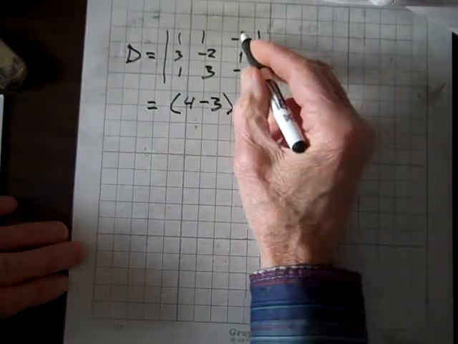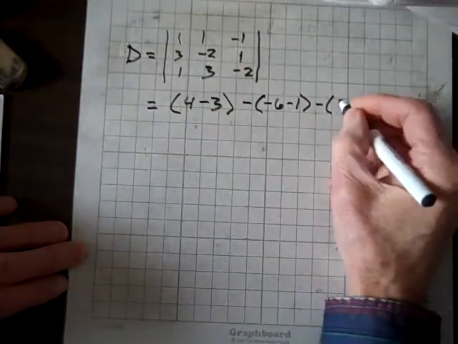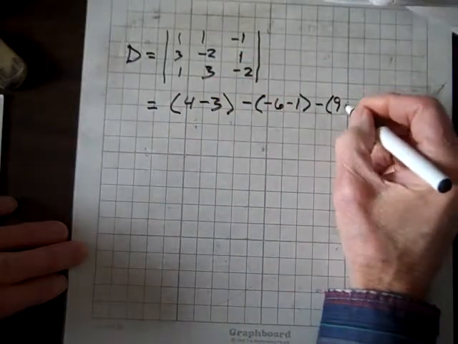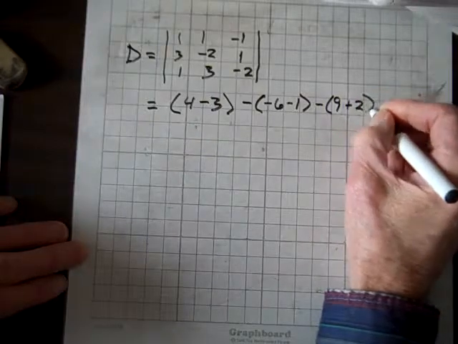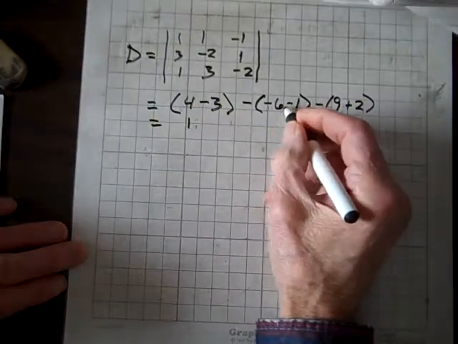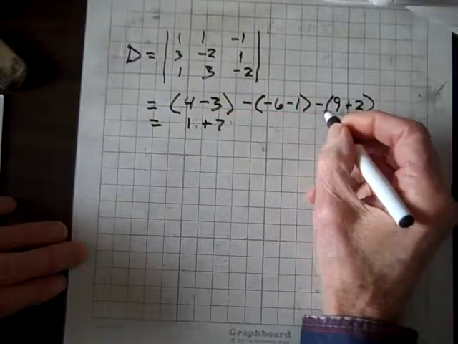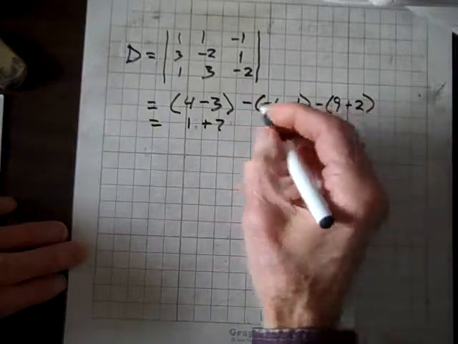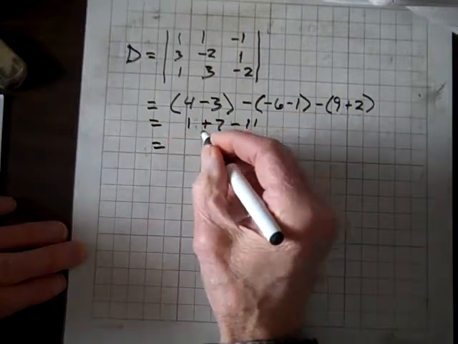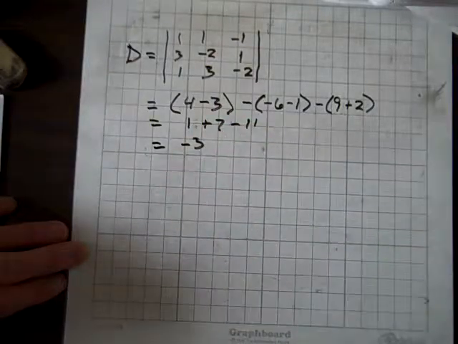And now plus a minus 1, so that's going to be a minus, and the product of 3 and 3 is 9, and minus the product of 1 and negative 2, and that'll be 2. So what we have is this difference is 1. This is going to be a negative 7 times a negative 1 is a plus 7, and this is 11, and that's going to be a minus 11, and so this equals 8 minus 11, which is negative 3. So now we know d is negative 3.